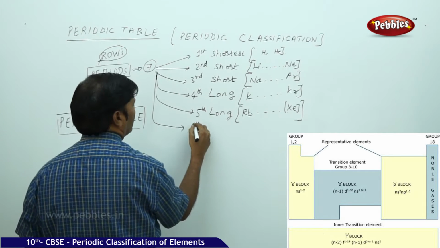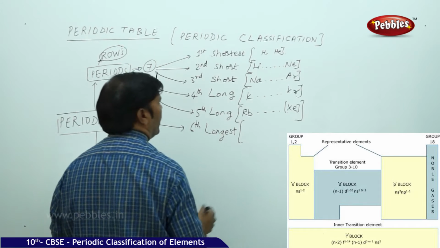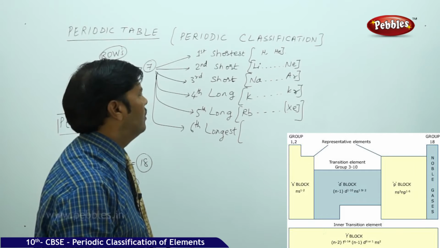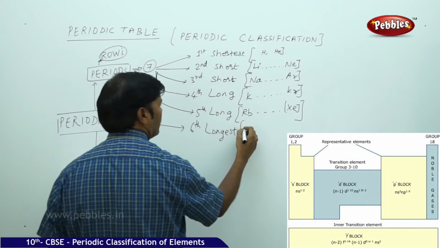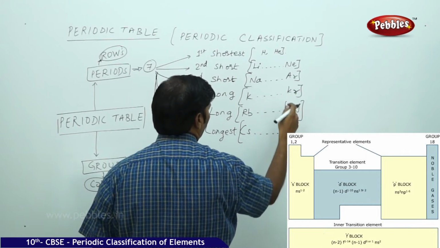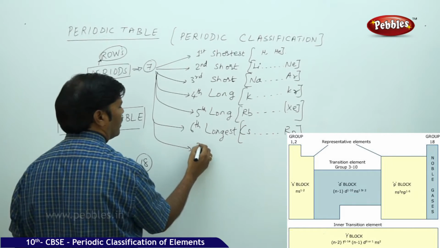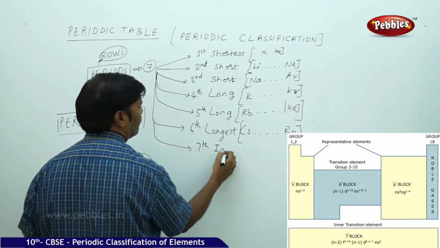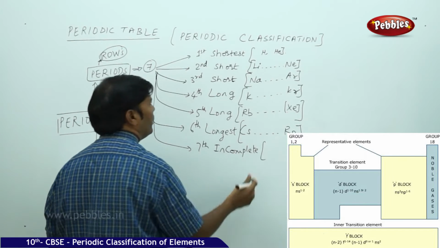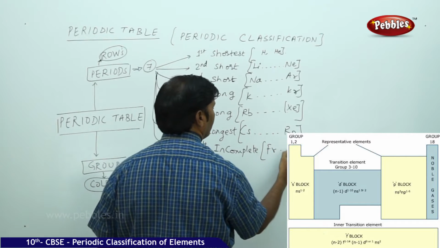Sixth is the longest; it starts with cesium and ends with radon. And the seventh is incomplete; it starts with francium.